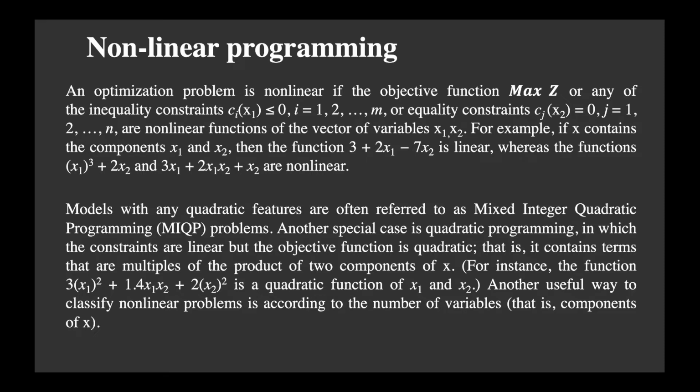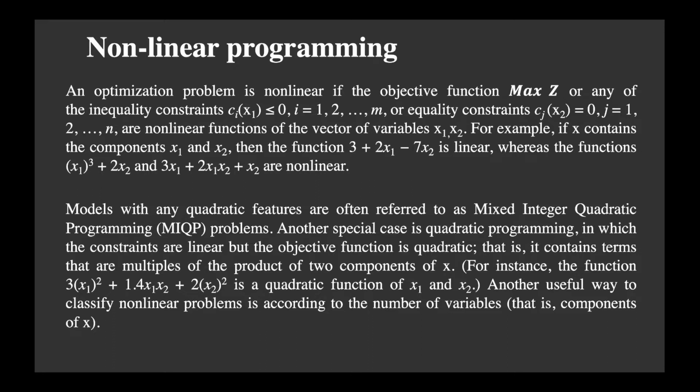Models with any quadratic features are often referred to as mixed integer quadratic programming, MIQP, problems. Another special case is quadratic programming, in which the constraints are linear but the objective function is quadratic. That is, it contains terms that are multiples of the product of two variables.